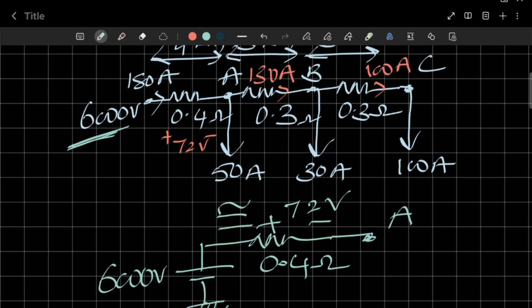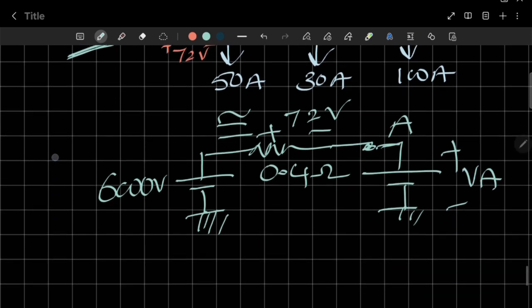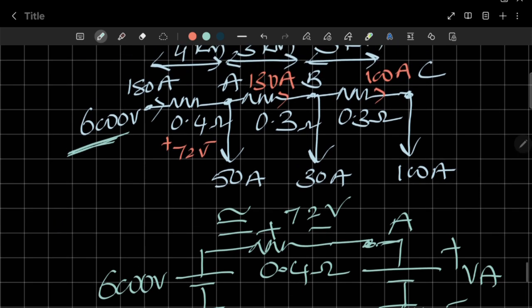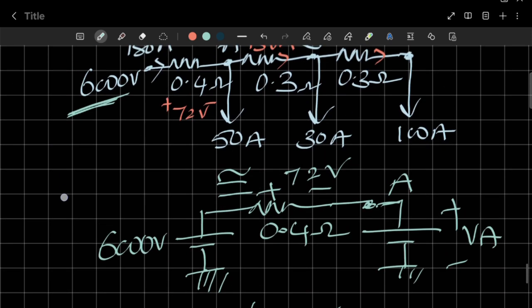The remaining voltage must be available at node A. So at node A, if you apply KVL in this loop, a certain amount of voltage is there. So this is called VA. VA is equal to 6000 minus 72. How much will we get? 5928 volts. So VA is nothing but 5928 we got.